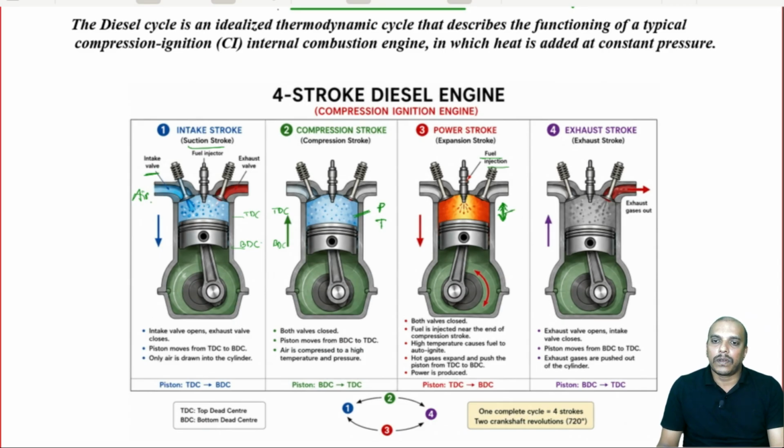This is the volume where the fuel supply is taken care of, and this volume we call the cutoff ratio. I mean, we will talk about the volume ratio, but remember the total volume we are talking about is the swept volume, but there is a small portion of volume where we keep on supplying the fuel. So, that portion is very important in a diesel engine, and the remaining stroke will be the power stroke.